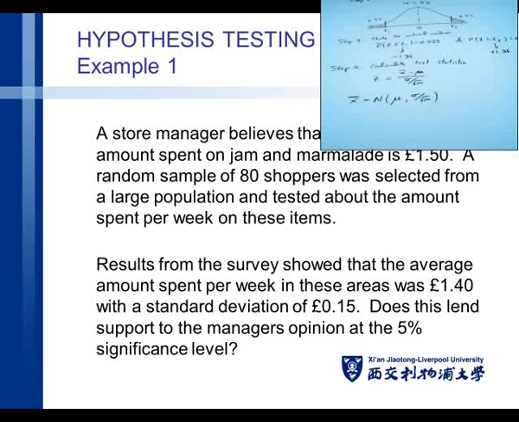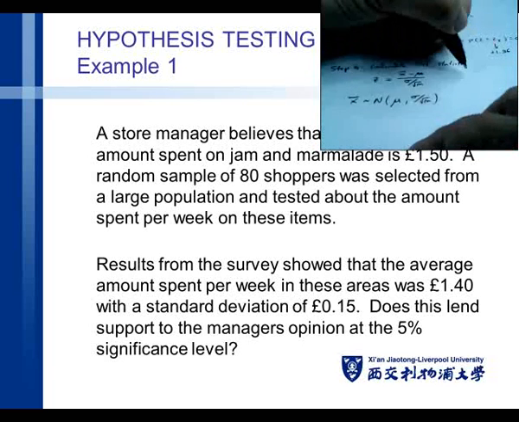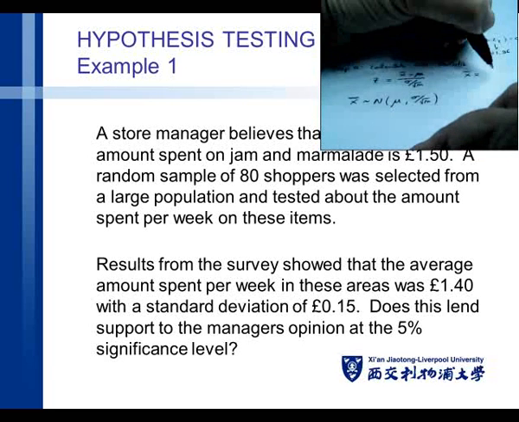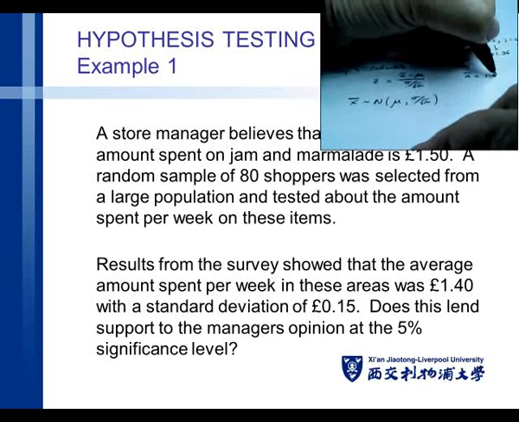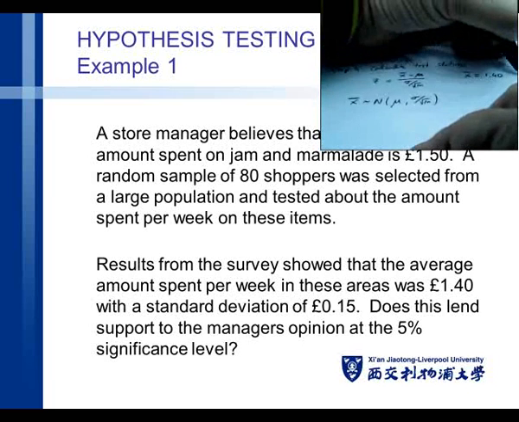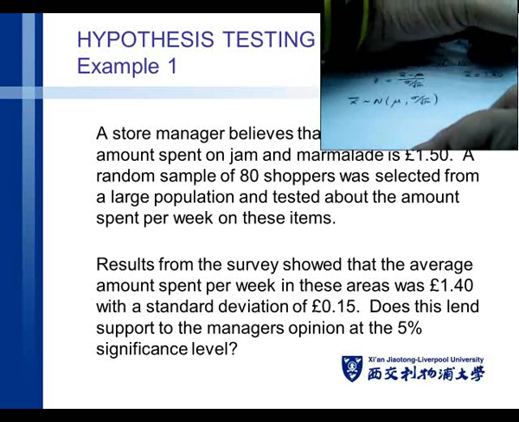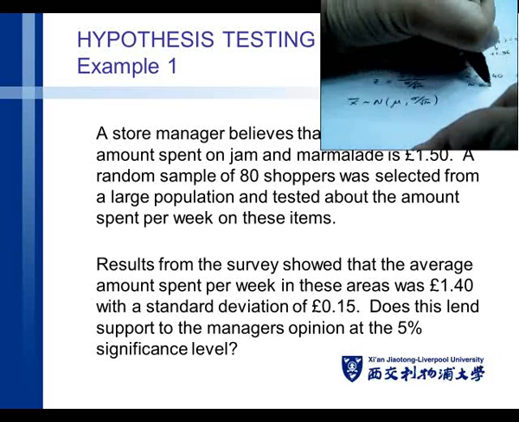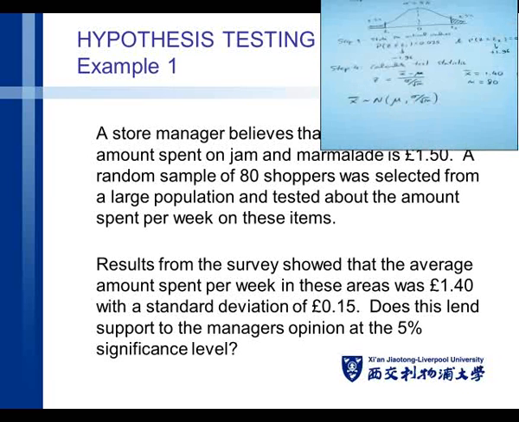And so what do we know from the question? We know that x bar is equal to 1.40, sigma is 0.15, n equals 80. And the other information we're going to use is the null hypothesis.